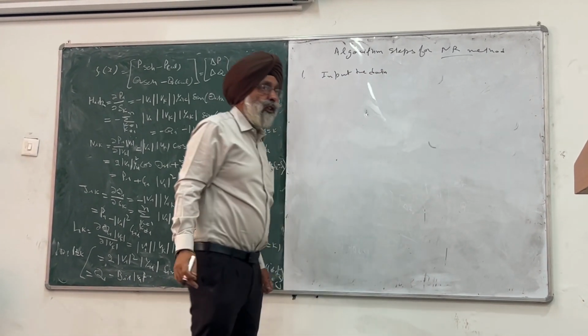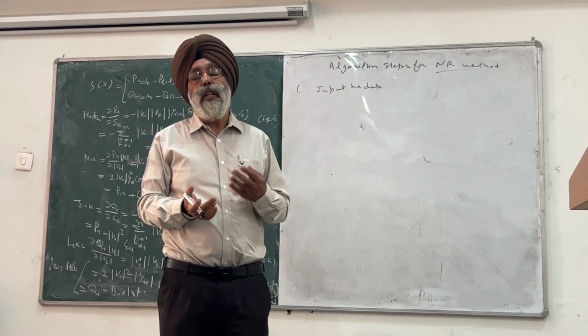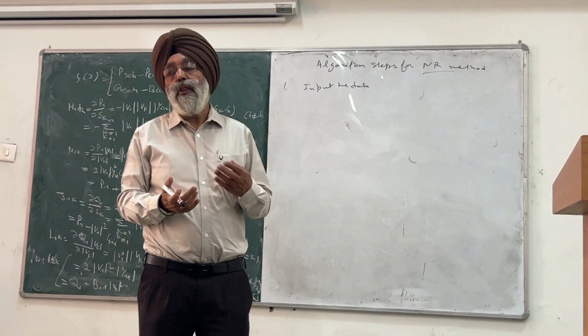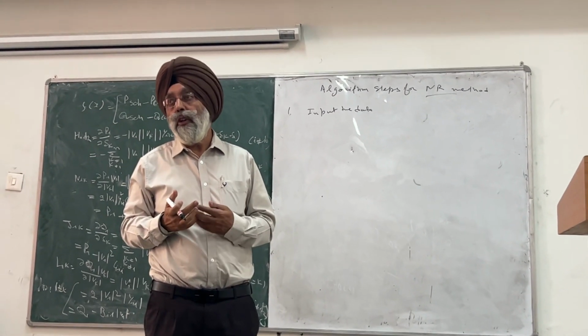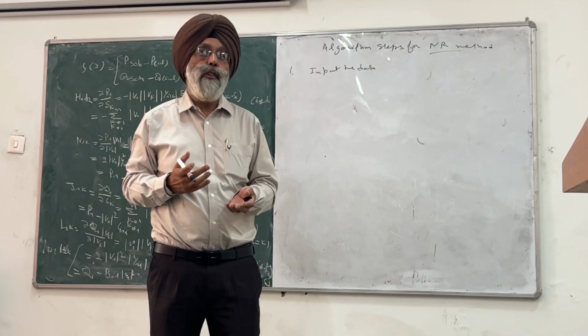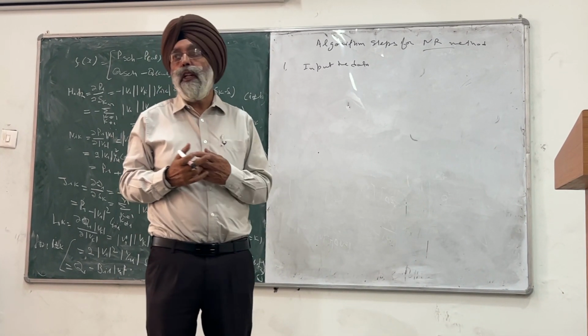So what information do we have? We have the line data and the bus data, which gives the type of the bus. According to the type of the bus, if it is a PQ bus, what is the value of P and Q at that bus? If it is a slack bus, what is the value of V and delta at that bus? If it is a PV bus, what is the value of P and V?